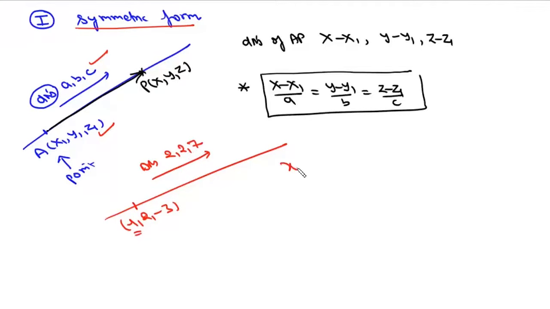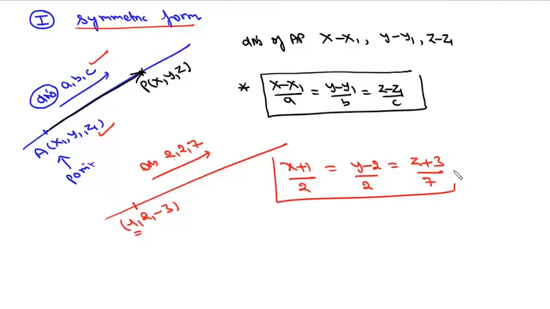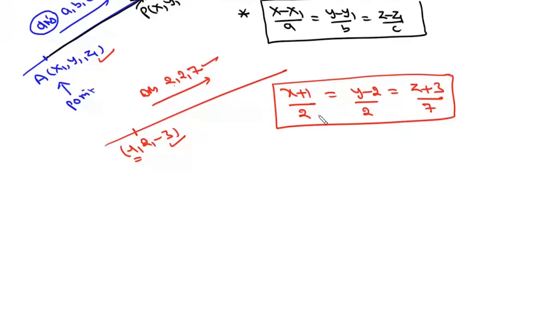So we can write this as x plus 1, y minus 2, and then z plus 3 upon a, b, c. Now a is 2, b is 2 and c is 7. So this is the equation of this straight line. So all we need is just a point and direction. So from point and direction ratios we can write equation, and from equation we can write point and direction ratios.